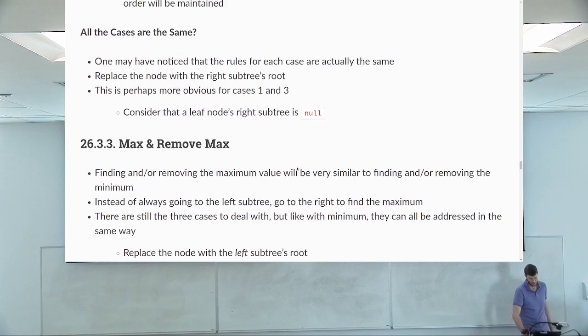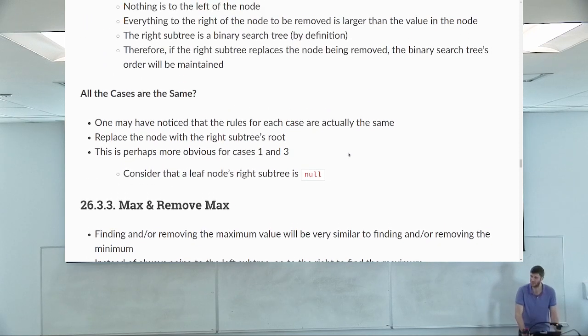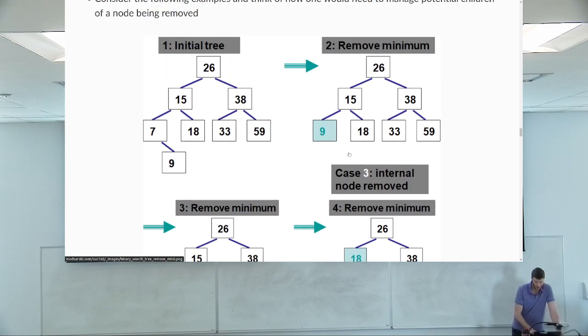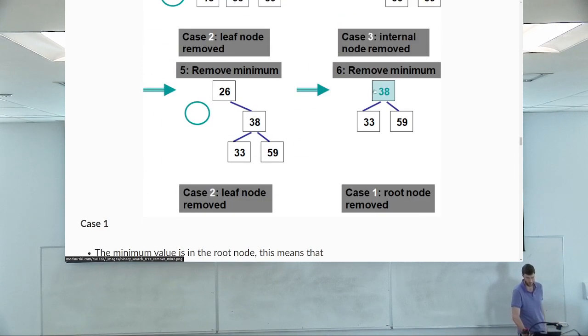Now, if you were really thinking about this, the replacement rule is actually the same for all 3 cases. It doesn't matter. The replacement rule is remove the node and replace it with its right subtree. If I'm removing the root, I remove the root and replace it with its right subtree.